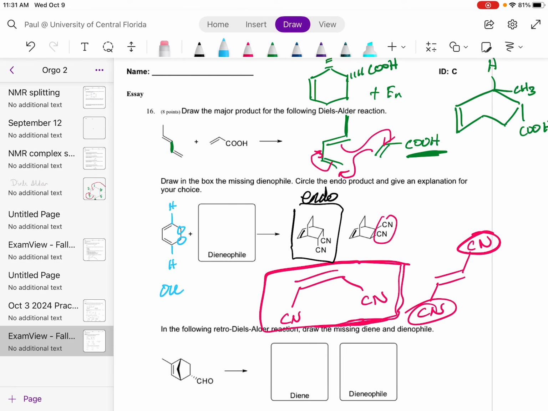The hydrogens are on the outside, and on the inside are the 2 carbons, which when you look at the product are right here and there. And the endo product is going to be when those carbons and the electron withdrawing groups on the dienophile are on opposite sides of one another. Okay, so that is the endo product.